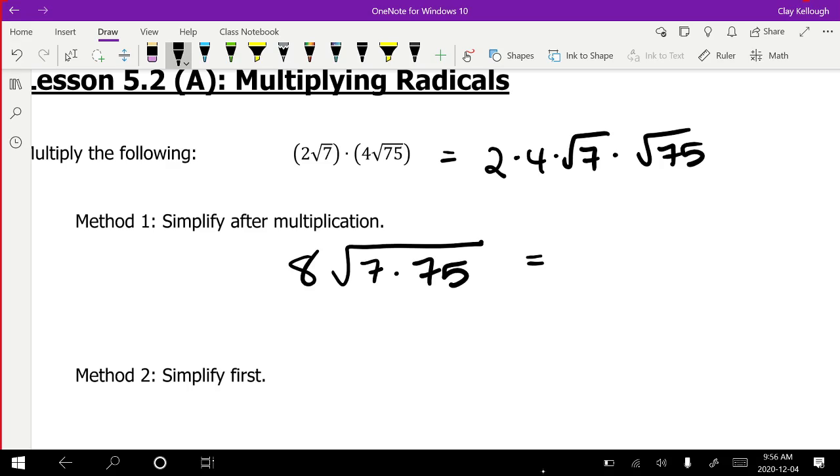So 6 75s is 350. 350 add another 50 is 400. 425? I think it's 425. Am I right? 425? 525. Oh, I counted wrong. Sorry. So it's 8 root 525. But simplify after your multiplication.